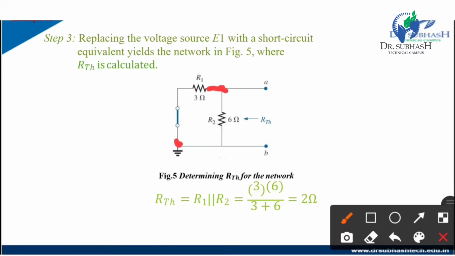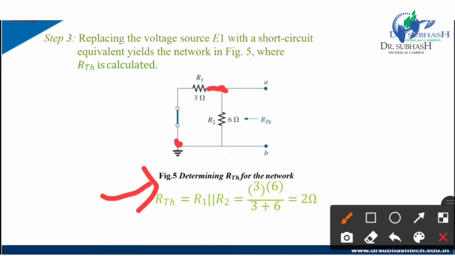For parallel, the equivalent is the multiplication of both resistors divided by the addition of both resistors. So RTH equals R1 parallel R2. R1 equals 3 ohm and R2 equals 6 ohm.